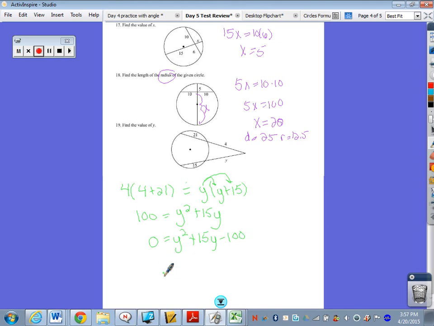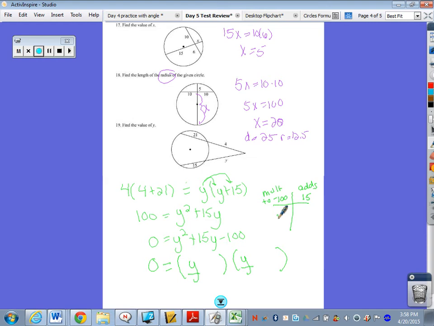The other thing is you can just factor it. So if you don't have a graphing calculator, or if you don't remember how to do that, to factor you do 2 sets of parentheses because we're doing FOIL backwards. For the first, you figure out what multiplies to y squared, so that would be y times y. To get the last numbers, you figure out what multiplies to negative 100 and adds to the middle term, which is a positive 15.